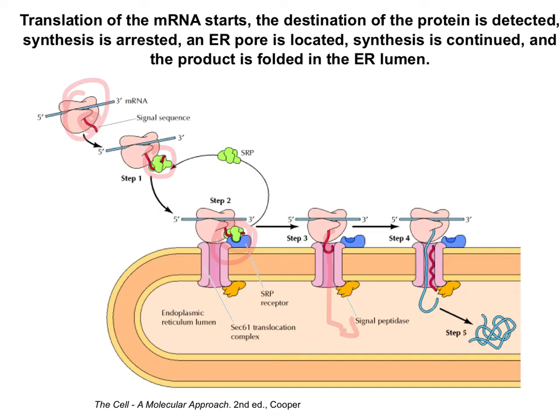Now I'm going to release the ribosome and tell it to continue translating, and the protein will go through this pore and into the lumen of the endoplasmic reticulum, just like going into the airport. We'll worry about which gate you're going to go to after you've gone through this security system.